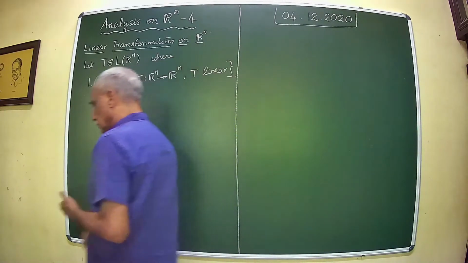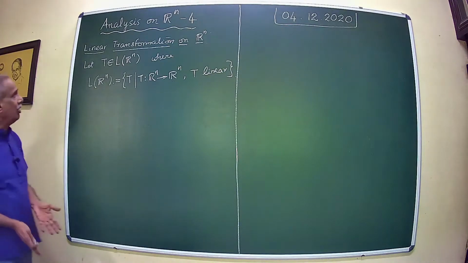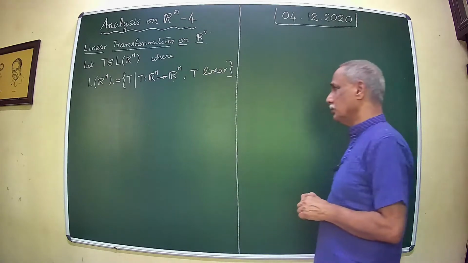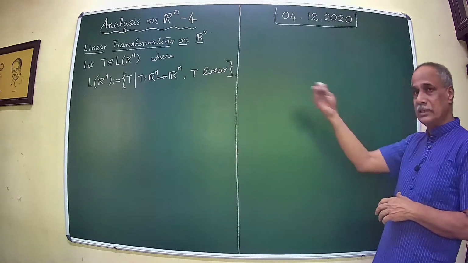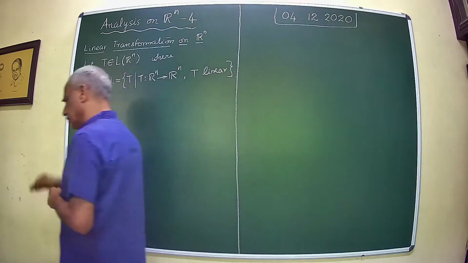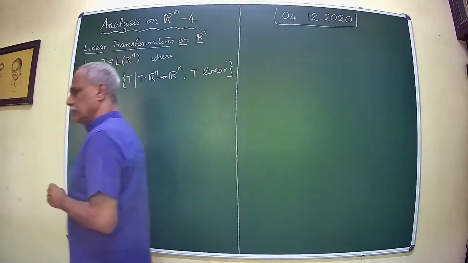So this is the collection of all linear transformations on Rn. We will talk about this space later, but for the moment we are interested only in some specific type of linear transformations.